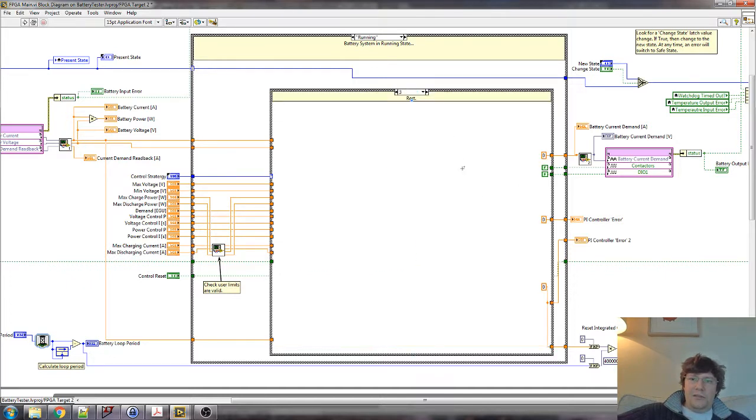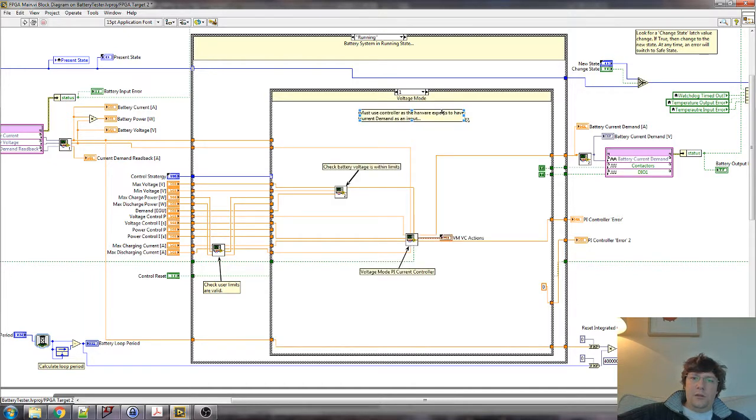The rest is nothing much happening there. Even though the contactor is off, we can still measure the voltage on the battery terminals. We have a four wire sense arrangement usually. In voltage mode, we have a PI controller which acts to provide the current demand which is needed to maintain the battery voltage at the set point.